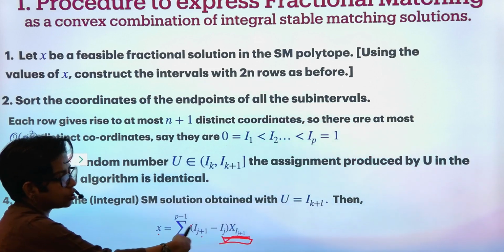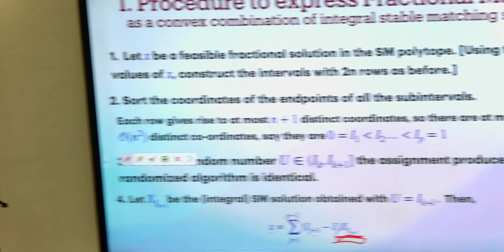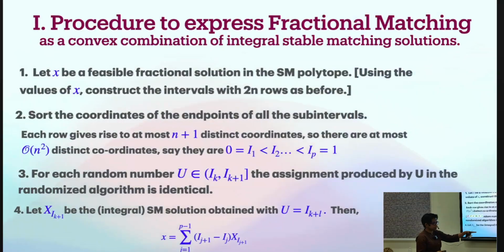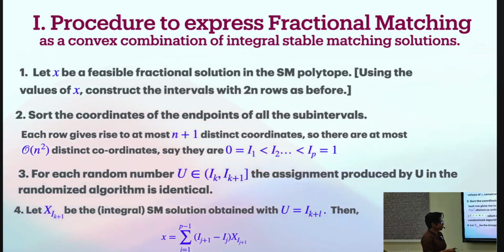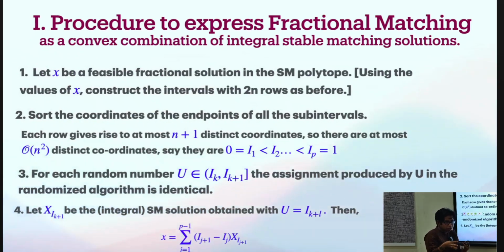So this gives me a way to express every fractional solution in terms of the integral solutions. The main point to note here is that the integral solutions are obtained when U falls right on the endpoint of an interval, and every point in between can be written as a linear combination of those solutions that would have been right on the endpoints of the intervals. That's what this is.